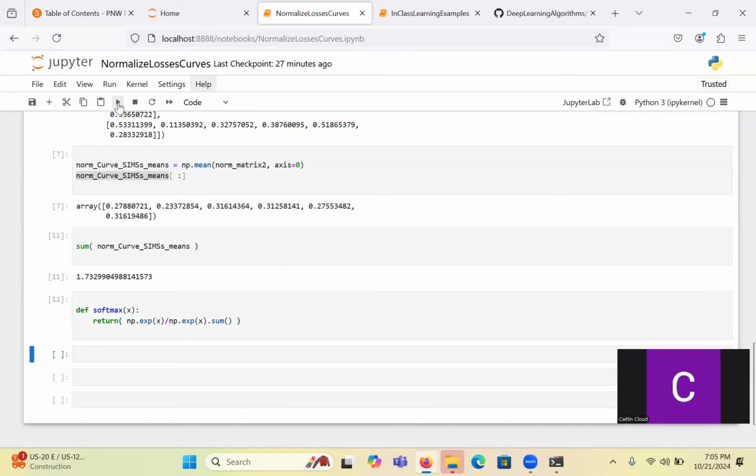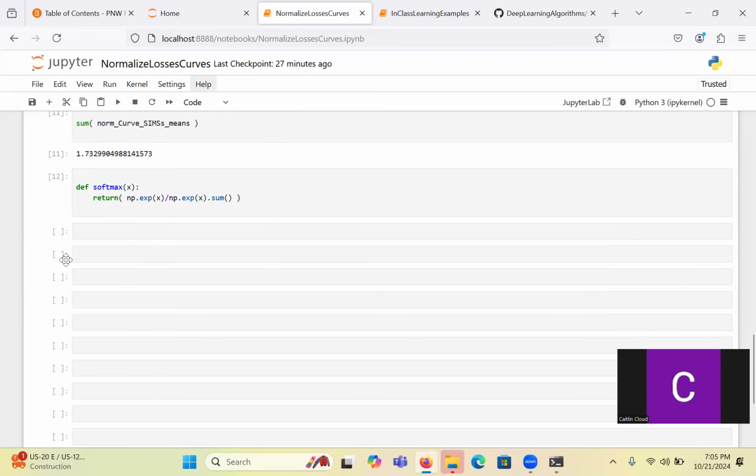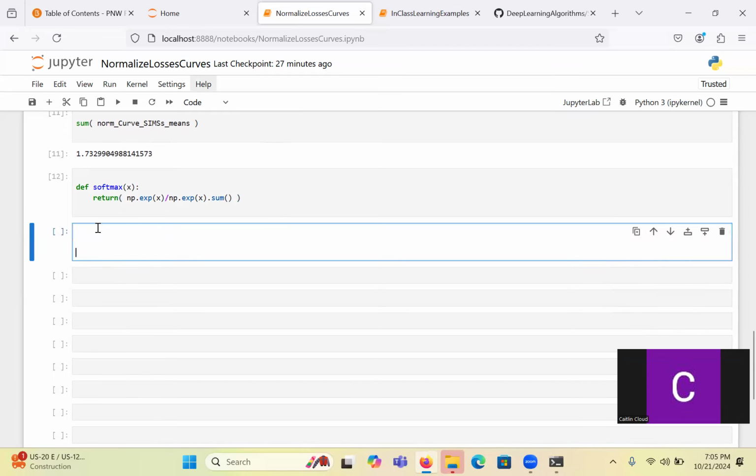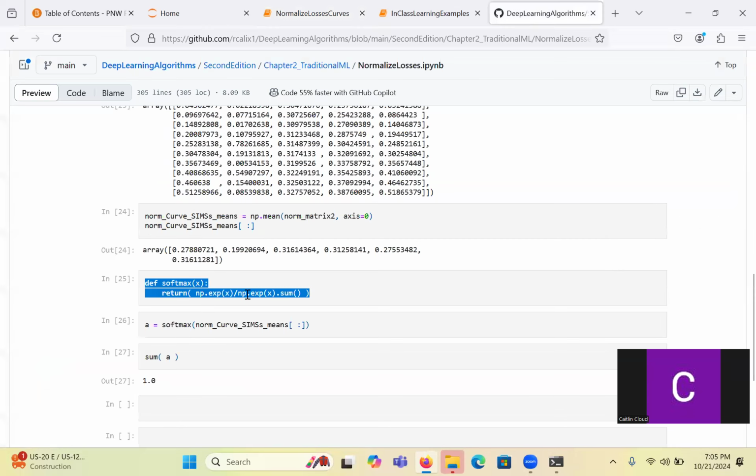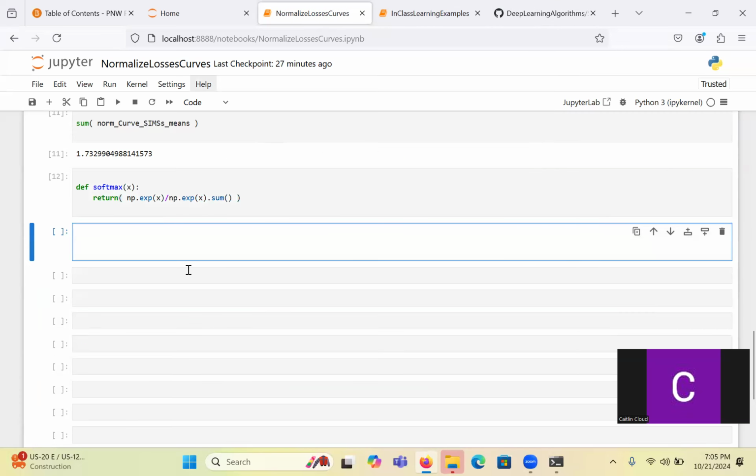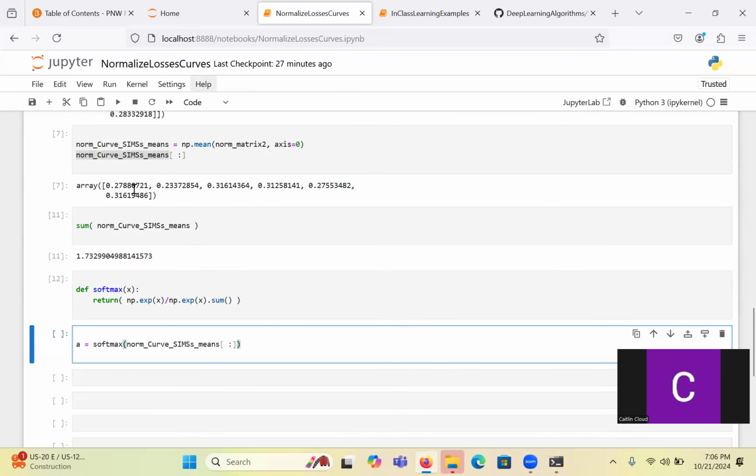So I'm going to hit run here. Just added the function, basically. I encourage you to play with it and take a look at the outputs. And now, basically, we are going to run our vector just like that, which is this one, which does not add up to 1.